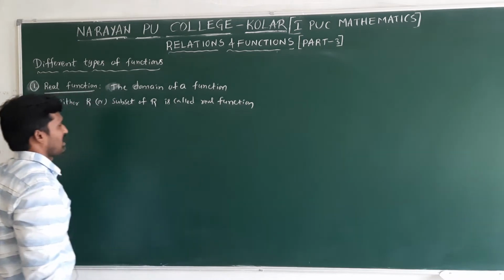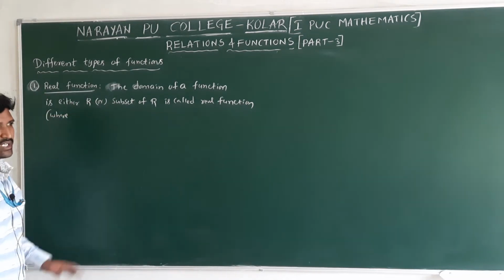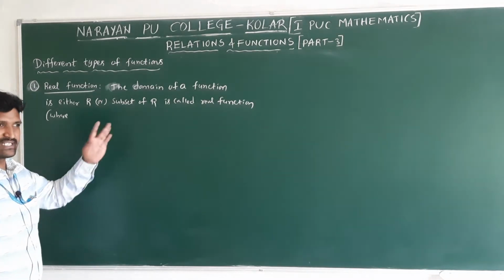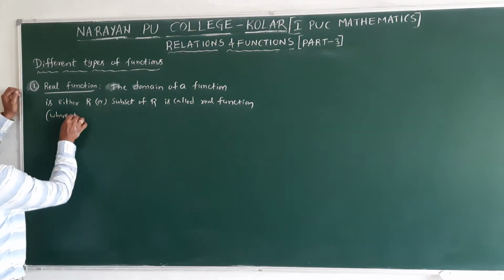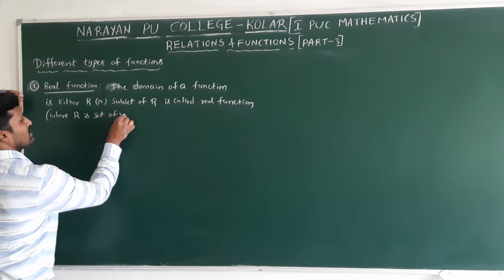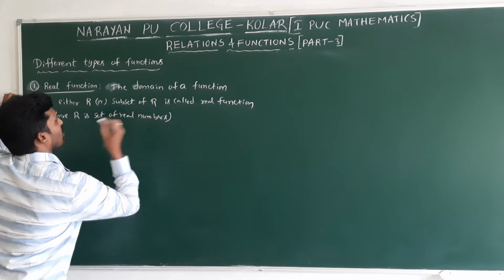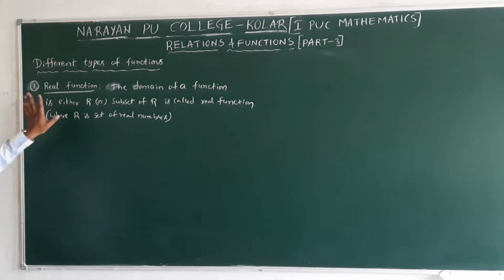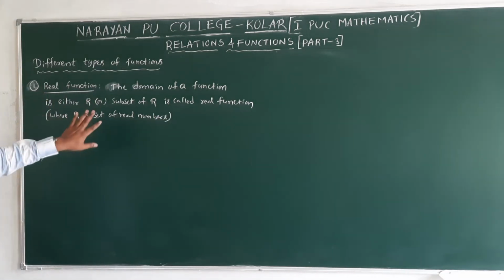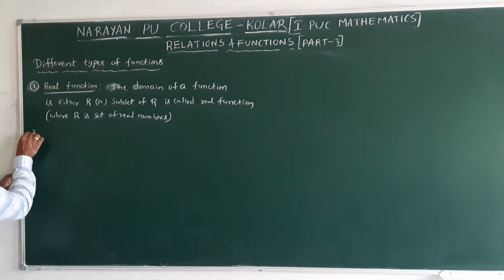So basic definitions: R is called the set of real numbers, not relation. The symbol is the same for both, but yes, R is the set of real numbers. That means the domain is either R or a subset of real numbers. Such types of functions we call real functions.